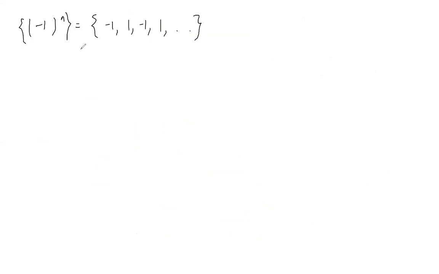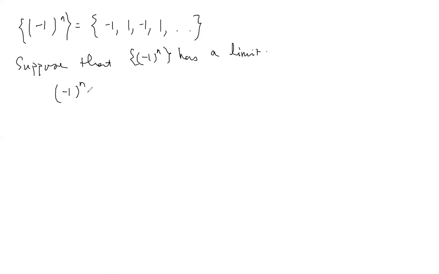Okay, so the proof is by contradiction. All right, so you suppose that it has a limit, right? If it has a limit, then you will have minus 1 to the n minus a less than epsilon, for some n greater than or equal to the threshold.